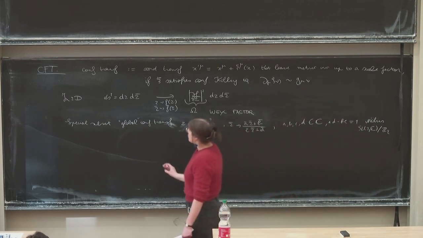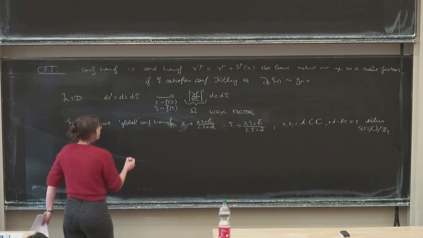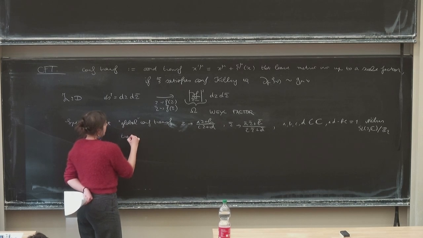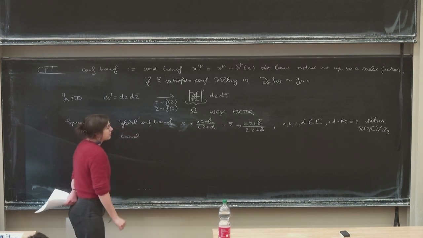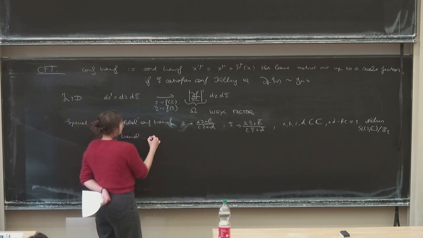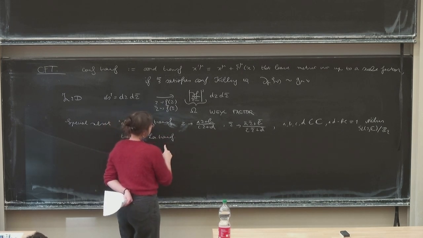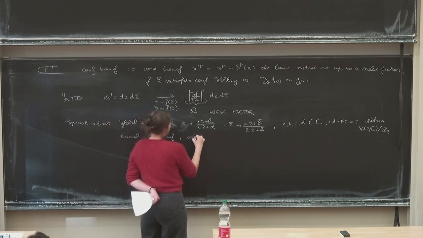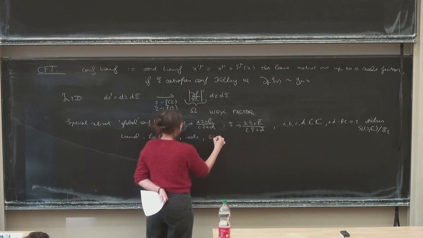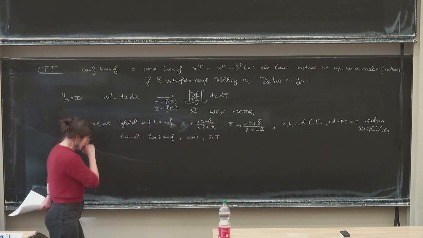So this is a subset called the global conformal transformations, and physically the types of transformations that they describe are translations, Lorentz transformations, so rotations and boosts, scale transformations, and something called special conformal transformations.